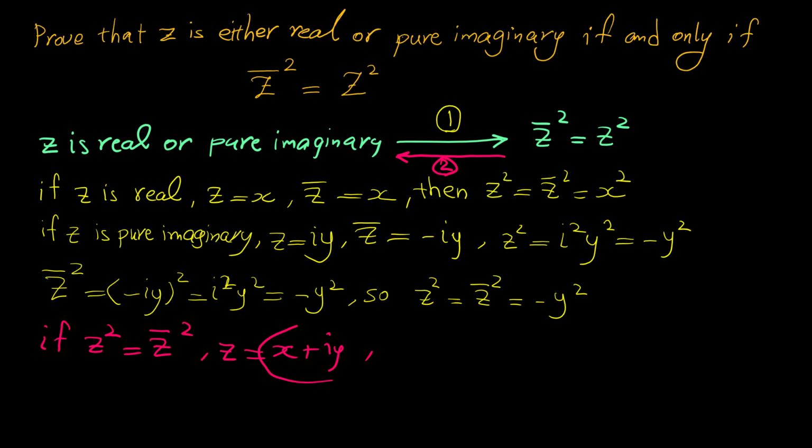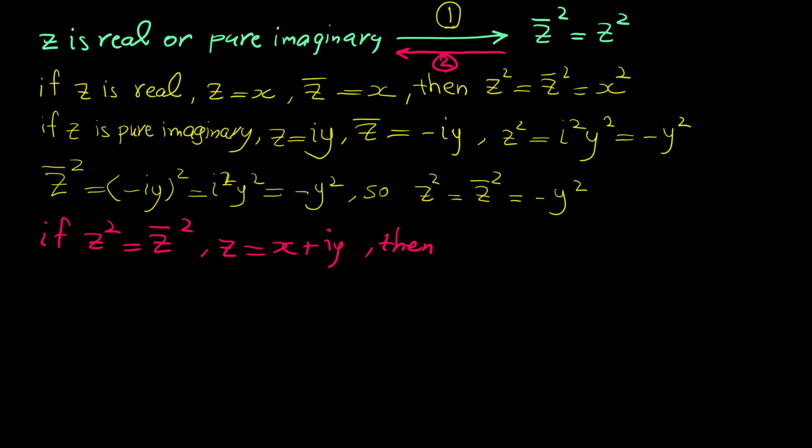Now I want to replace this in this equation. Then Z to the 2 would be x plus iy to the 2, and Z conjugate to the 2 would be x minus iy to the 2.